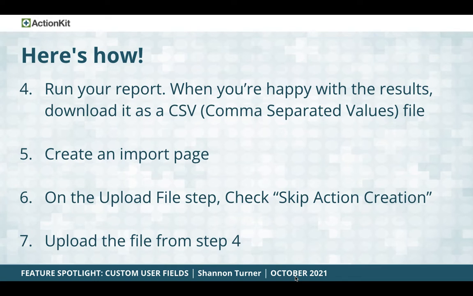Finally, upload the file from step 4 and then go into one of your users and check. Take a look and see, does the number of donations that they made in calendar year 2020 match what I have in the custom user field? Don't take my word for it that this works. Try it for yourself and see.